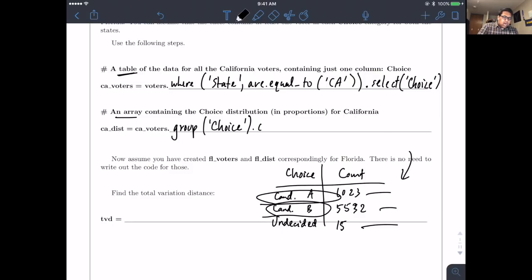So we can just do dot column count, and now we're reduced to just an array: 1, 0, 2, 3, 5, 5, 3, 2, and 15, for example, right?